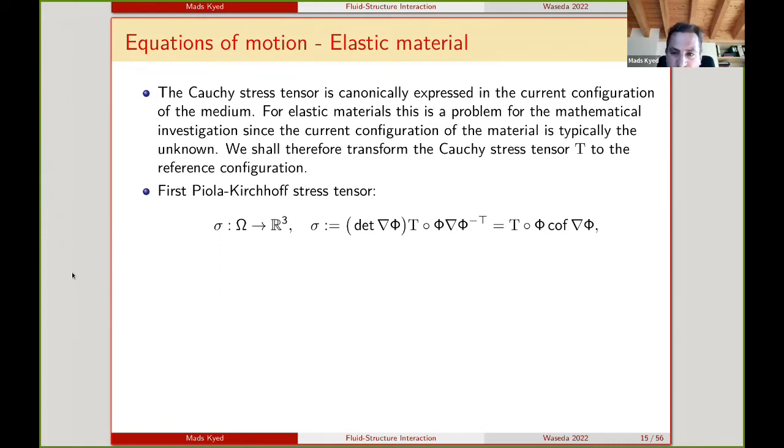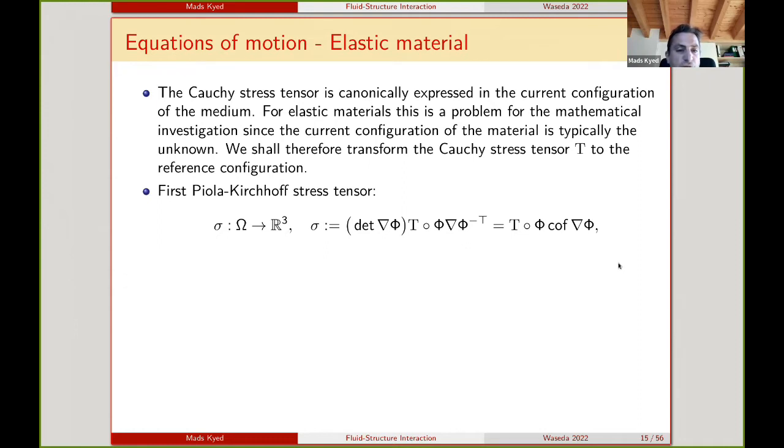So, if you recall the identity of the cofactor matrix, we can recognize this formula as the Cauchy stress tensor times the cofactor matrix of gradient phi.